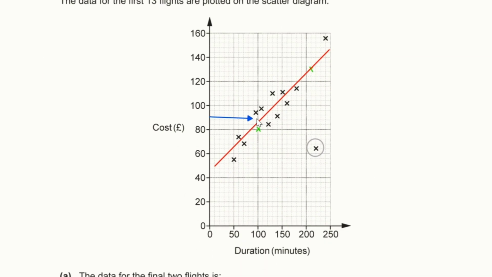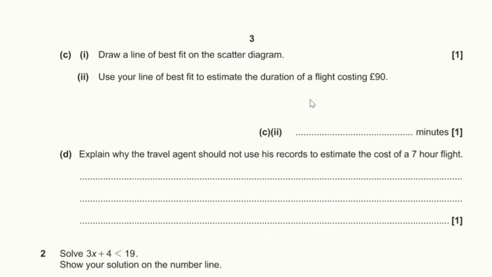So 90 is roughly here, and reading down, we've got 110. So we have 110 minutes. Well, 7 hours, which is the same as 420 minutes, is outside the dataset.